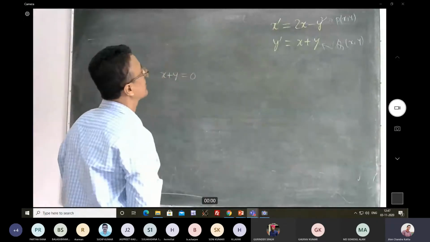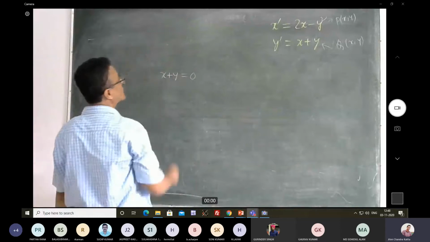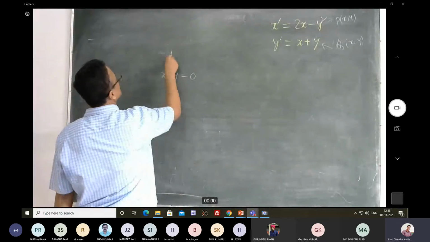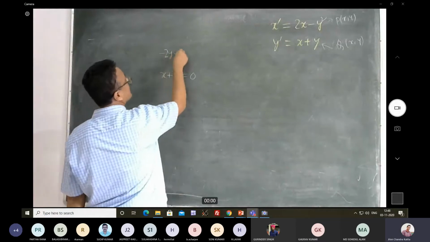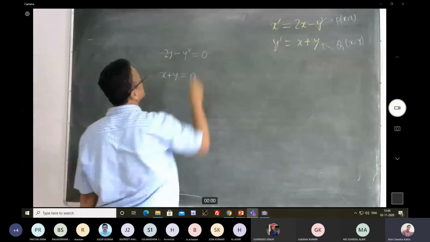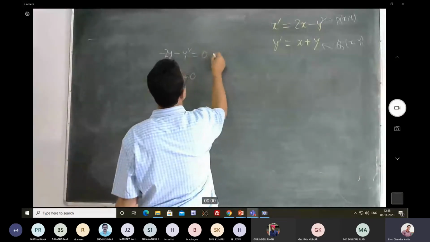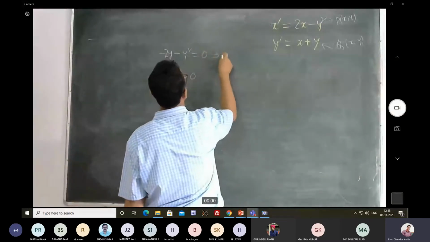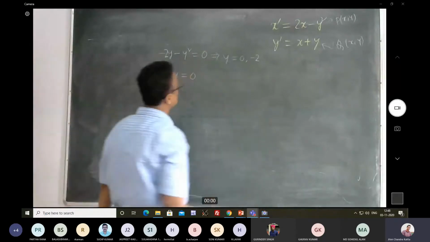So that means x equal to minus y. So the first equation is going to give you minus y minus 2y minus y squared, equal to 0. So from the first equation, you are going to get y equal to 0 and minus 2.